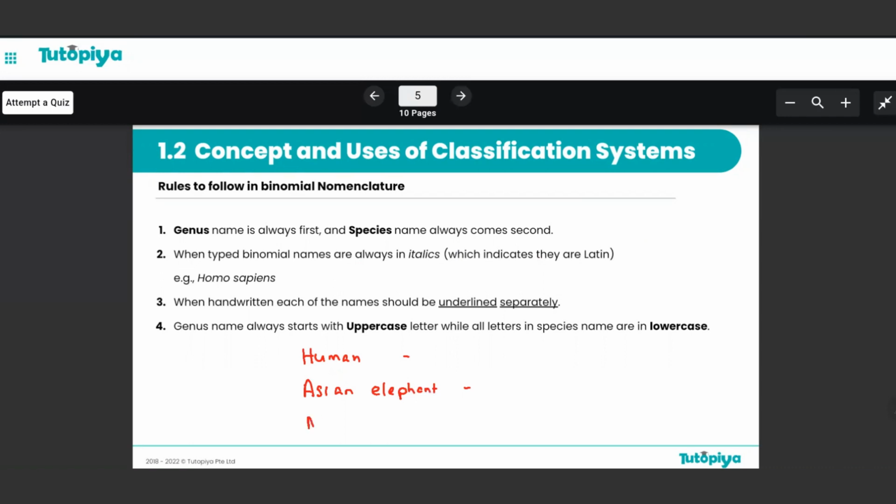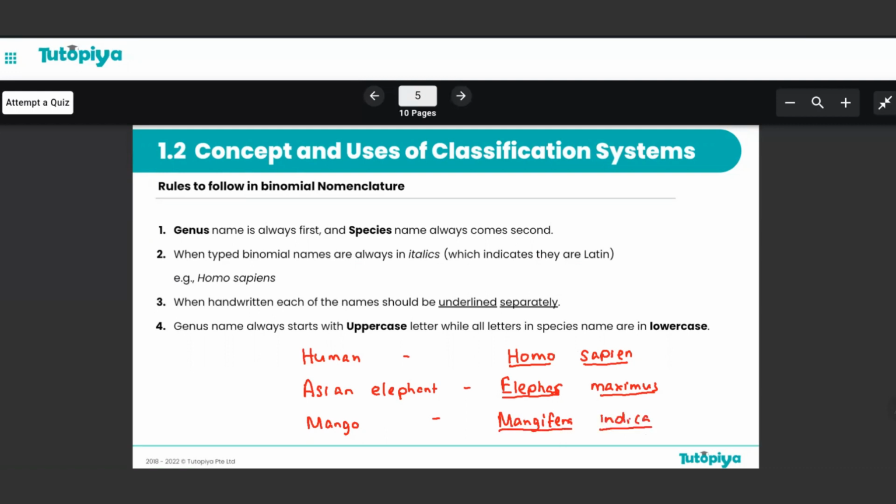I'm going to give you the scientific name of mango. So for human, the scientific name is Homo sapiens. For the Asian elephant, the scientific name is Elephas maximus. And for mango, the scientific name is Mangifera indica.